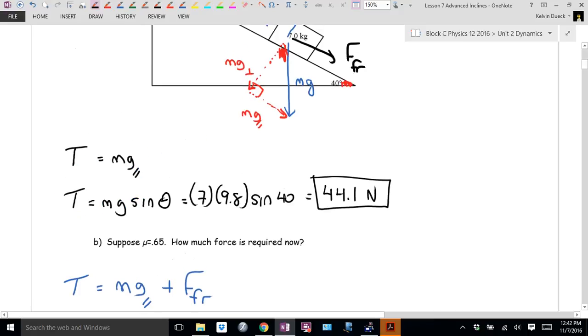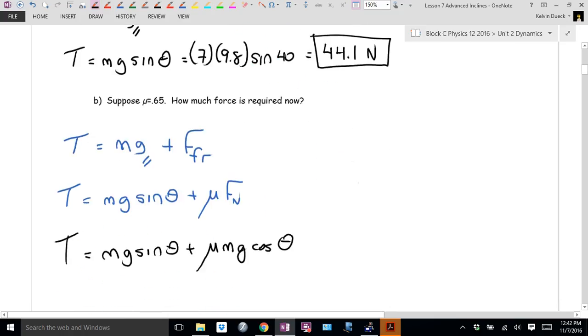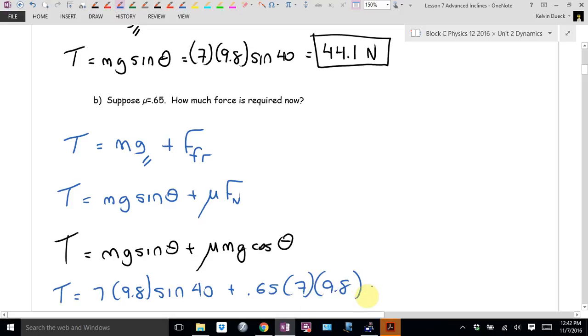What was the mass? Theta was 40, the mass was 7. Okay. So tension is going to be 7 times 9.8 sine 40 plus 0.65 times 7 times 9.8 cos 40.